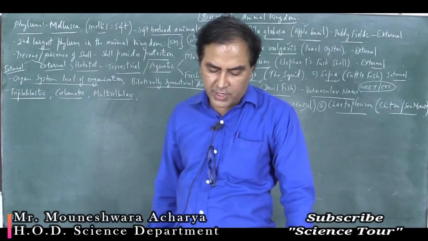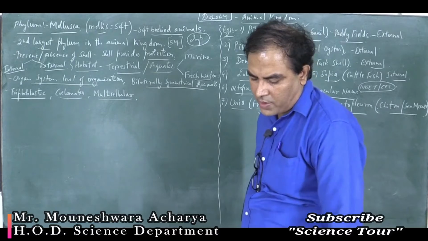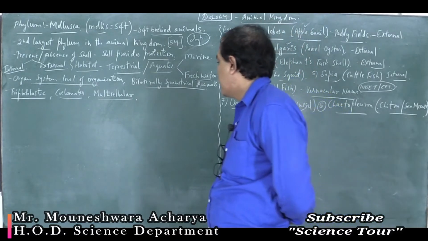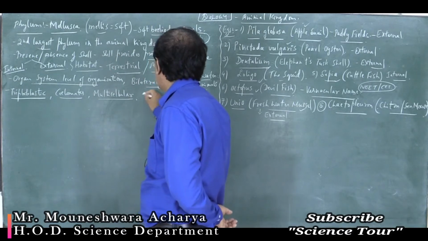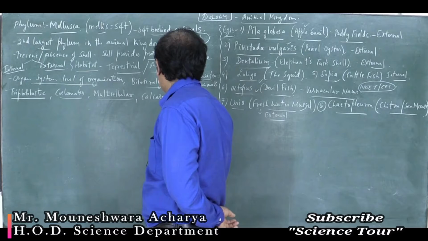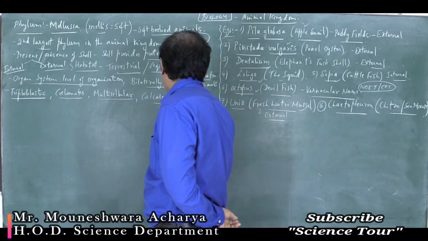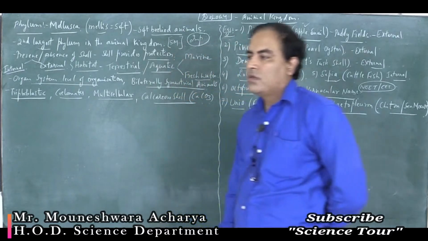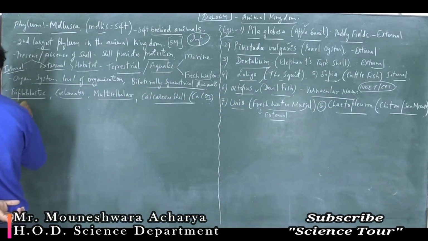And other important features, let us discuss. Body is covered with the calcareous shell that I have already mentioned. So I'll write here calcareous shell, means it is made up of calcium carbonate, CaCO3 is its formula. Unsegmented, there are no segments in the body.